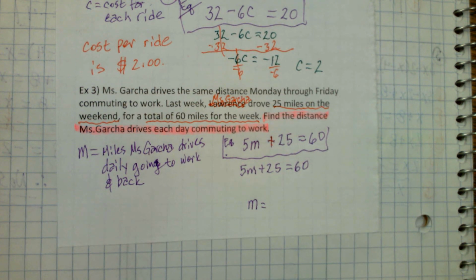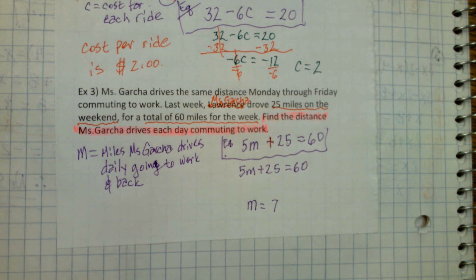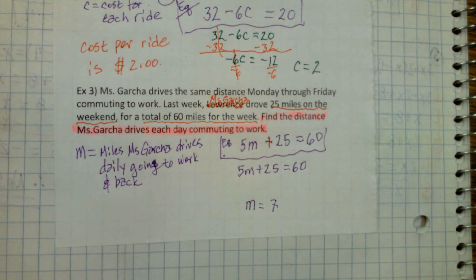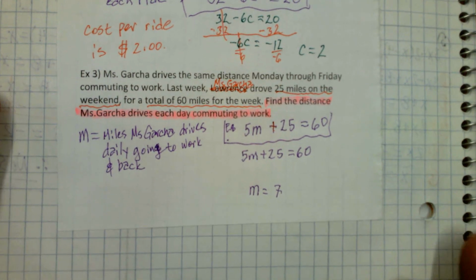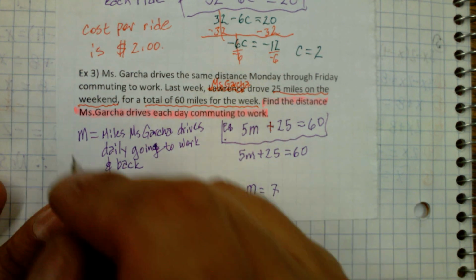So how many miles is that per day? 7. Okay. And so assuming she takes the same route to and from work, it's probably 3.5 miles each way. I'm just saying. But now we have our answer. During the work week, Miss Garcha drives 7 miles per day.